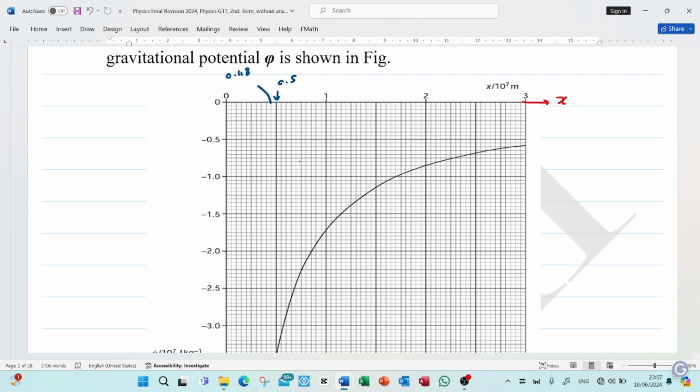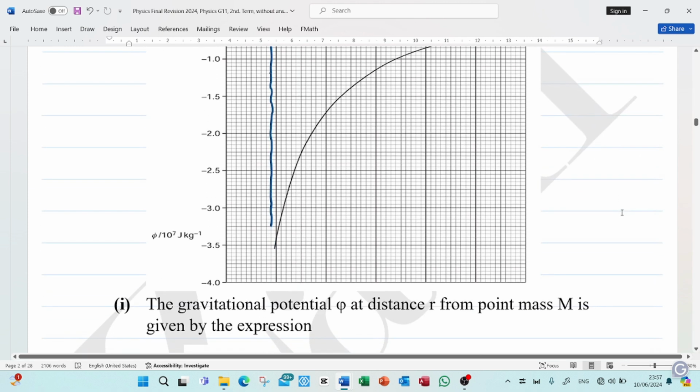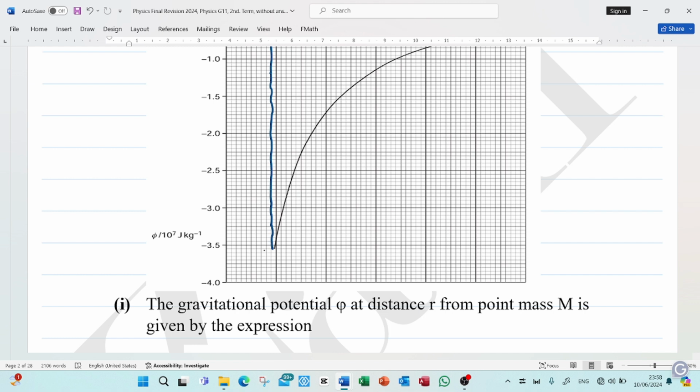Now we draw the vertical line and we go down until the curve. Of course, we use the ruler, not the hand, in the exam. Until, yes, here, until this one. Then we find this point here.